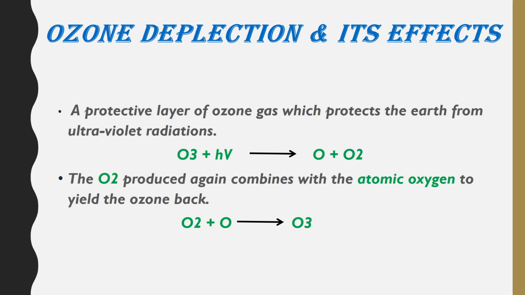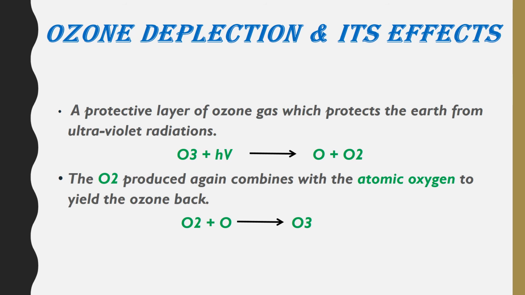And the oxygen O2 produced again combines with the atomic oxygen to yield the ozone back. Look at this chemical reaction. When the ultraviolet radiations come and react with O3, the ozone layer, then the O3 breaks down into one atomic oxygen and molecular oxygen O2.